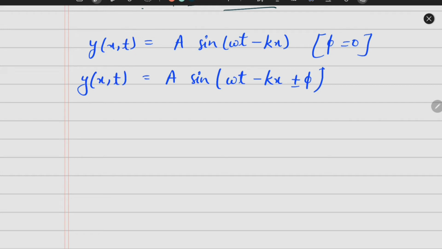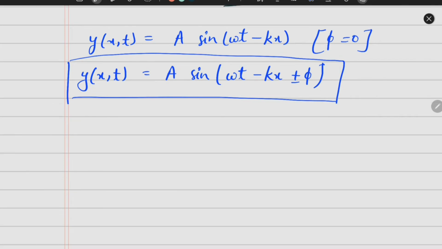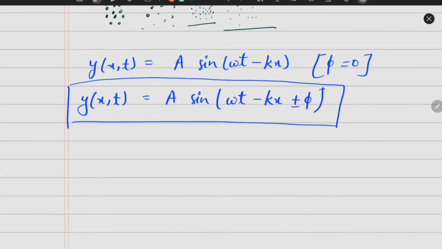Okay, so similarly we can represent the longitudinal waves in this form also. Let me write the longitudinal wave formula.